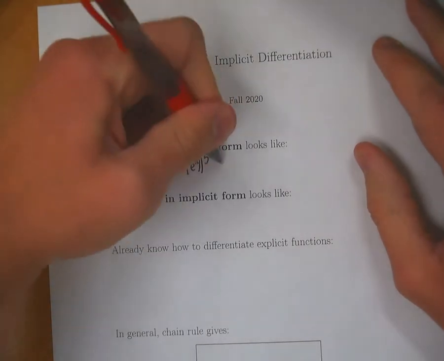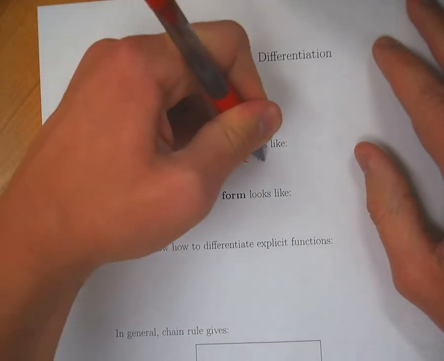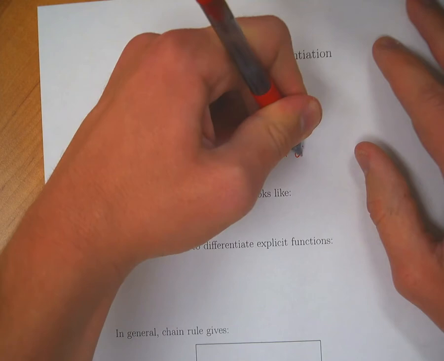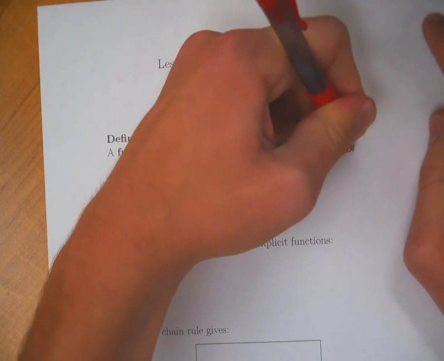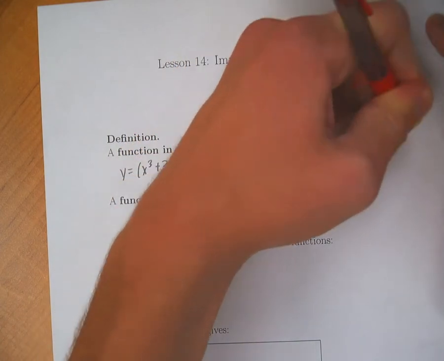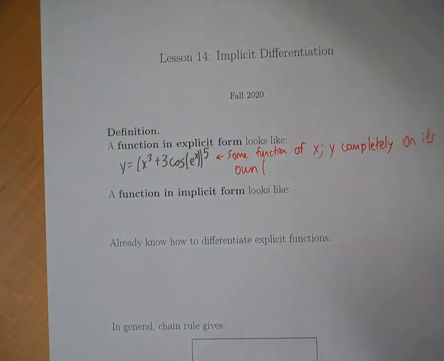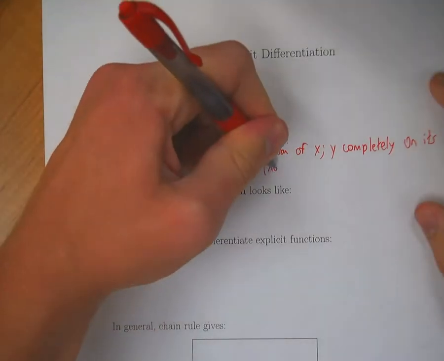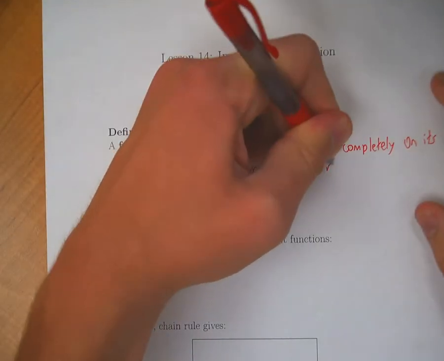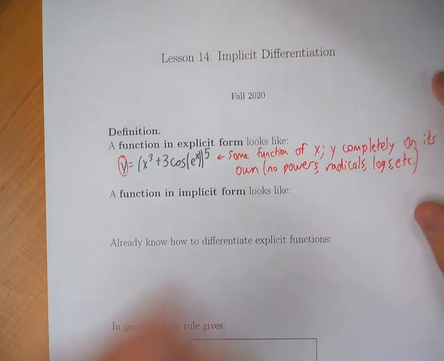So basically, we have some function of x, and then y completely on its own. What I mean by that is no powers, no radicals, no logarithms, no nothing like that. Just y is by itself, and that's it. So no powers, radicals, logs, etc. Okay?